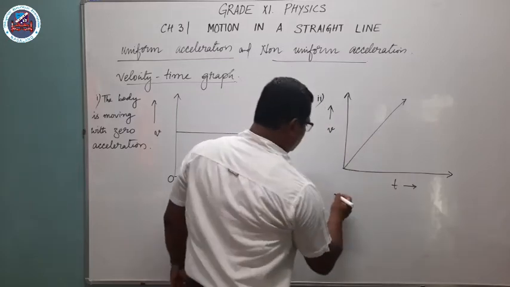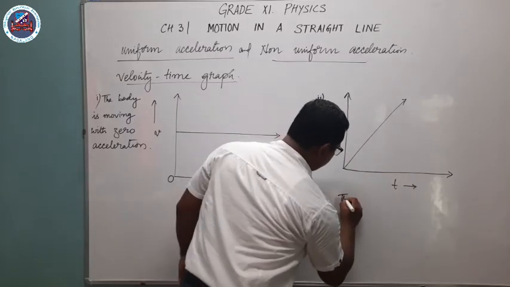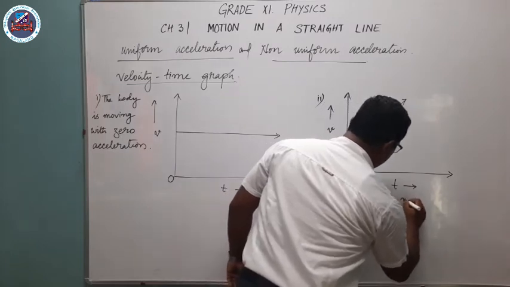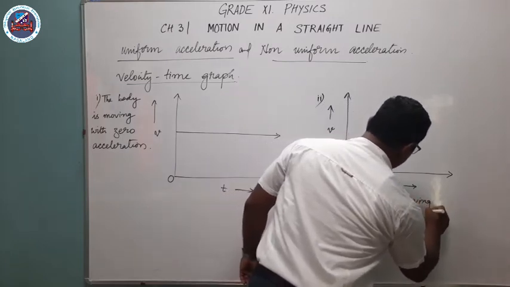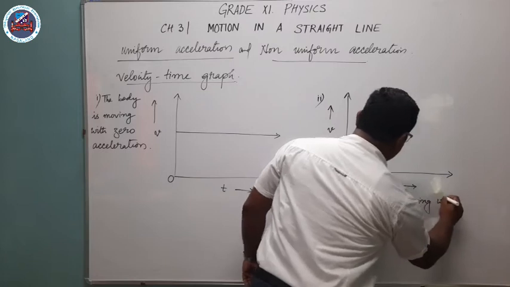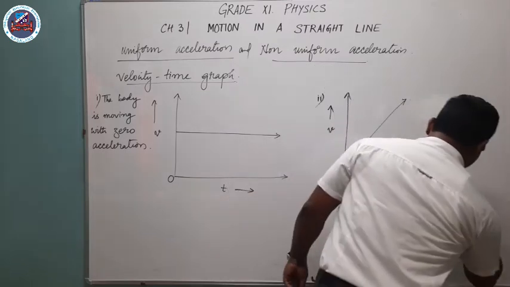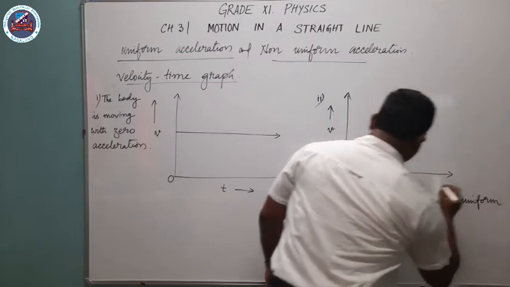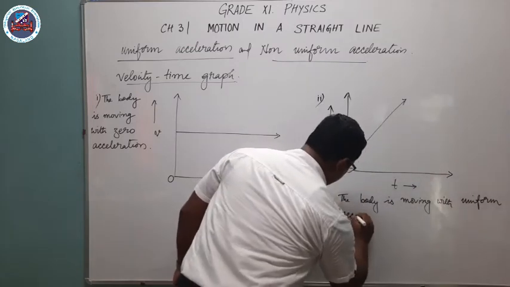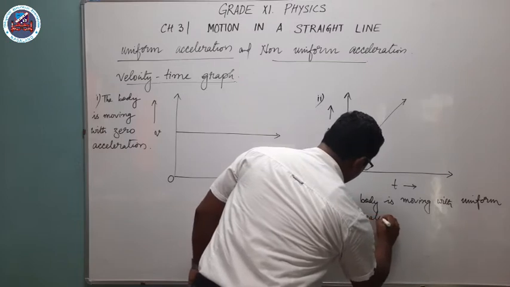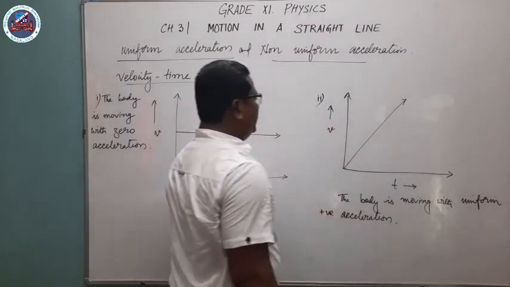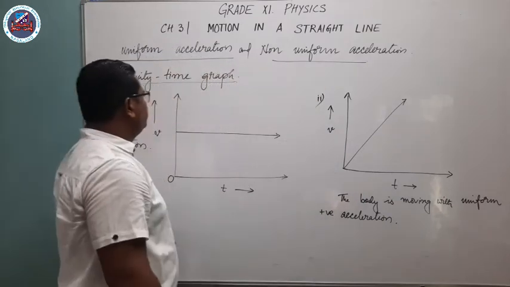The body is moving with uniform positive acceleration. Then it will indicate like this, an inclined straight line.